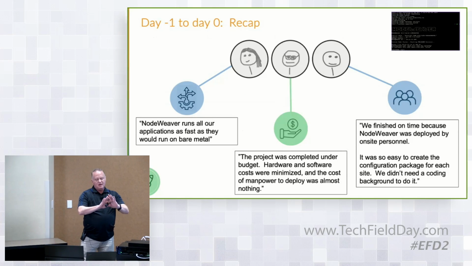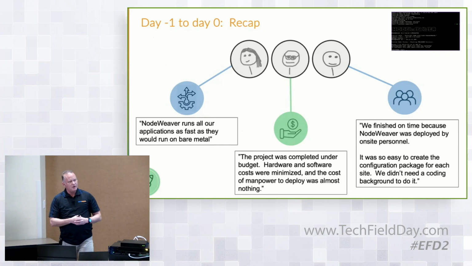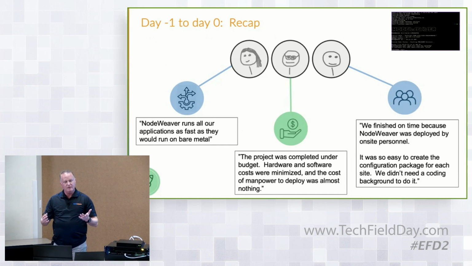In the end, our friends were able to deploy their solution to hundreds of sites around the world on time and under budget, and everybody's happy. And in the next segment, we'll move into long-term management and maintenance of these sites.